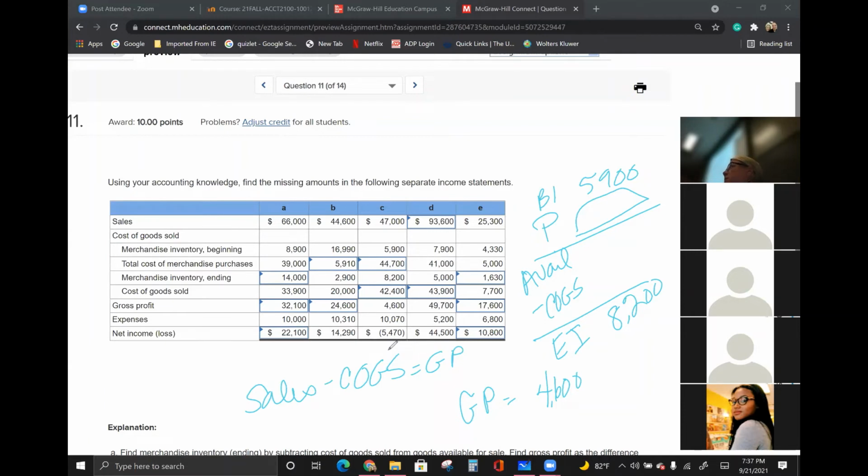I have to go to the sales and the gross profit to be able to calculate. So now I have sales of 47,000 less the cost of goods sold. So I don't know what it is because it doesn't give it to you, equals 4,600. Okay, and then you just got to subtract in order to get the answer.